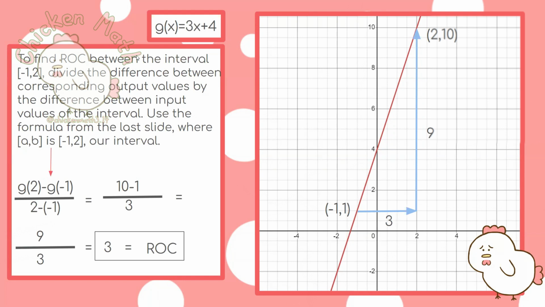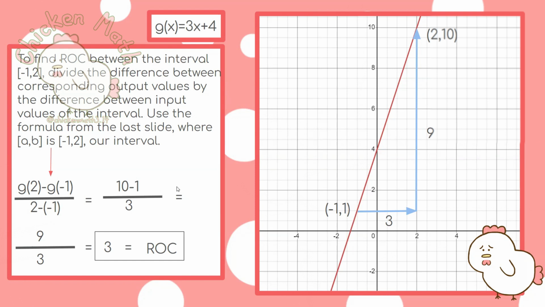So here's our first question, and we're finding the rate of change between the interval -1 and 2. So to find that, we need to find the corresponding output value for -1 and 2. So we look on this graph and we find where g of 2 is. So when the input value is 2, the output value is 10.